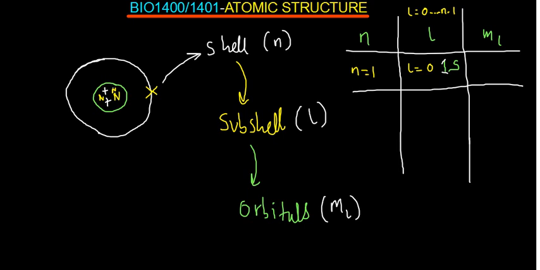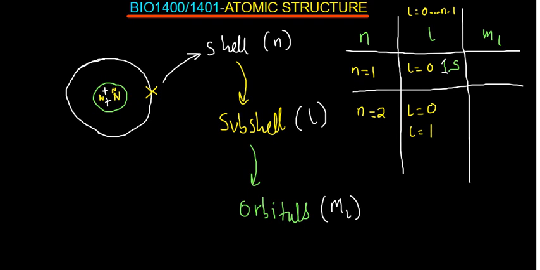When you go to the second energy level, N is equal to 2. Remember L is from 0 up to N minus 1. That means 2 minus 1 is going to be 1, right? So L is going to be from 0 to 1. The first one, L is going to be 0, and then L is going to be 1.